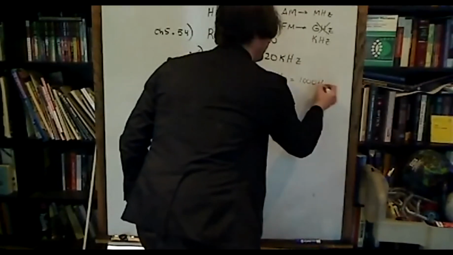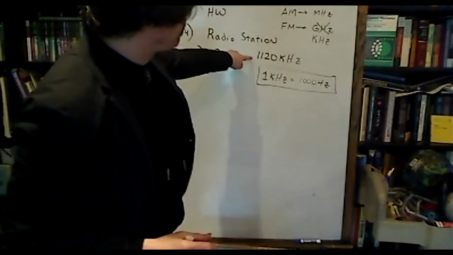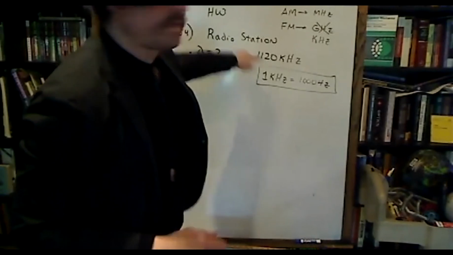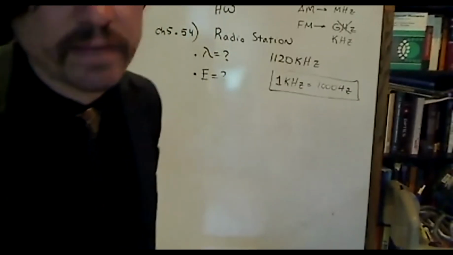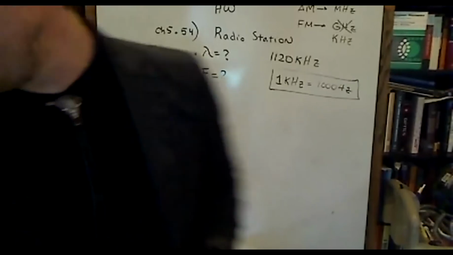Okay. All right, hertz. So this radio station, what kind of quantity is that again? Kilohertz? Well, that's its unit, but what are we measuring when we measure 1120 kilohertz?